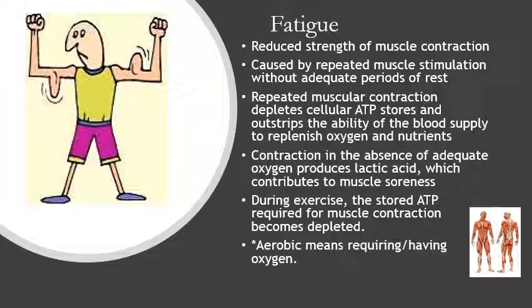So repeated muscular contractions deplete the cellular ATP stores and outstrip the ability of the blood supply to replenish oxygen and nutrients. Contraction in the absence of adequate oxygen produces lactic acid, which contributes to the muscle soreness.